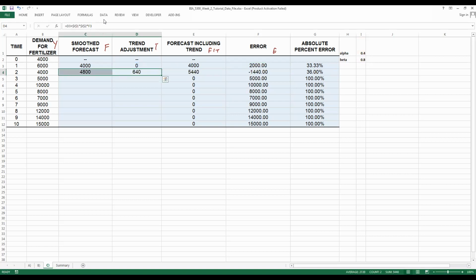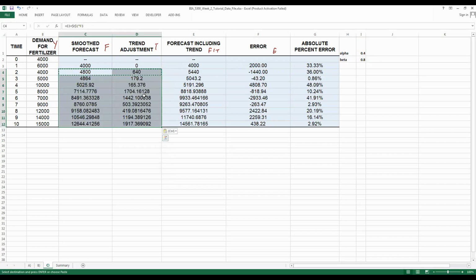And then once you have these, you can copy and paste them down. I'm going to paste formulas, and I get my trend adjustments, and I get all these, and there we go.